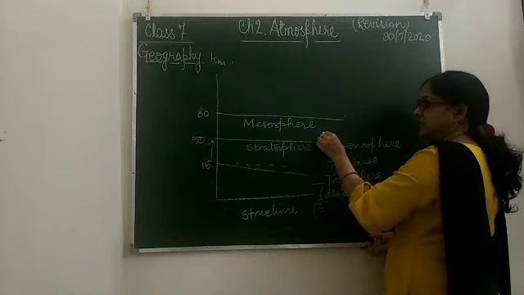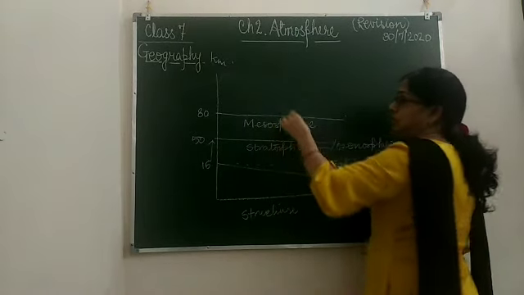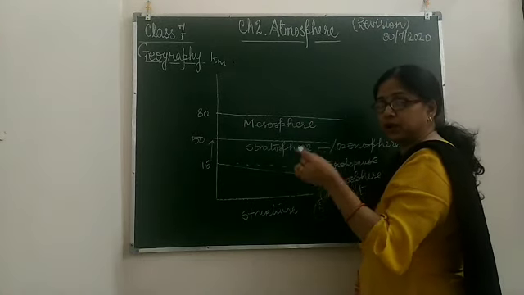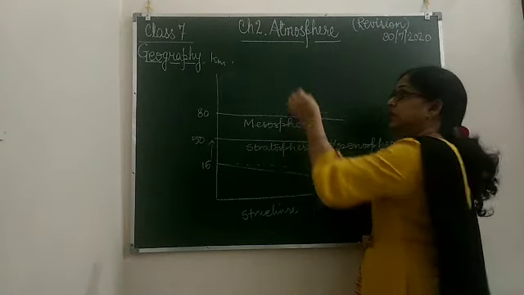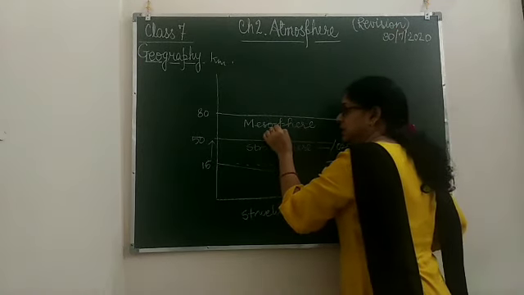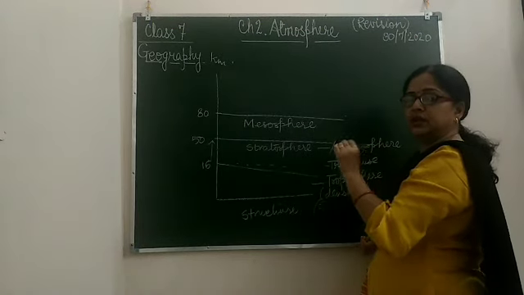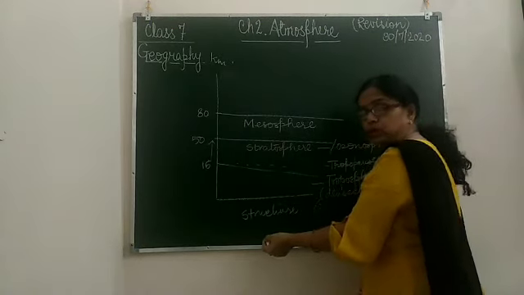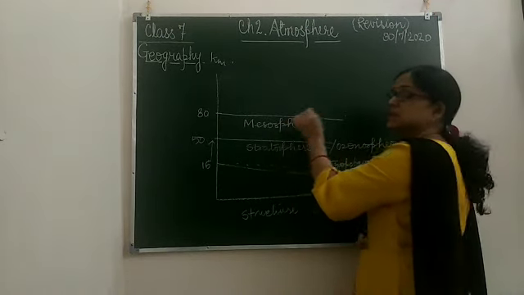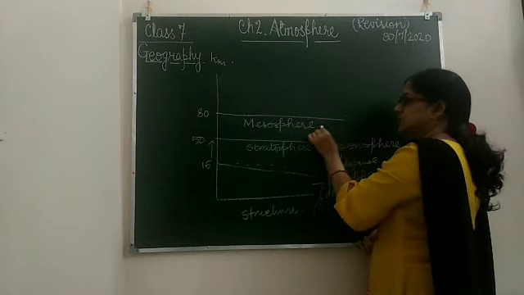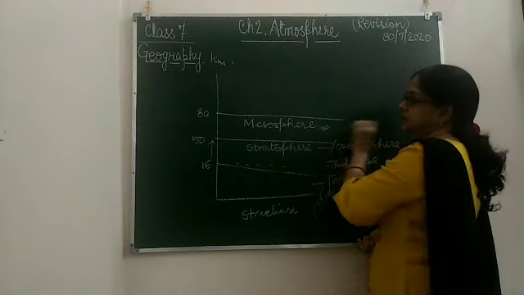What we find in this layer is that meteors burn here. What are meteors? The rock particles that are coming from space. When they reach this layer, mesosphere, they burn here. Very few go down to the earth's surface. So all the meteors burn in this layer. The special feature of this layer is that meteors burn in it.